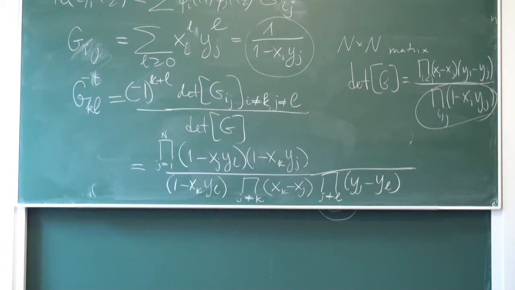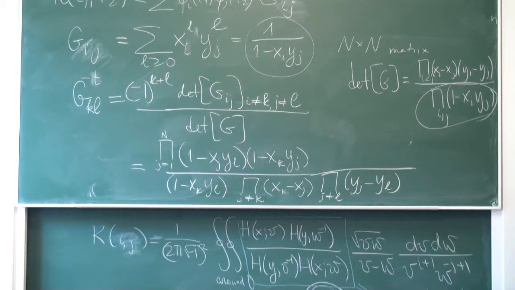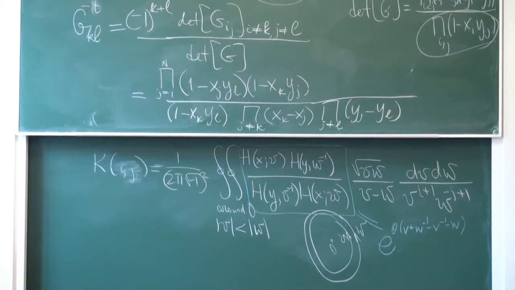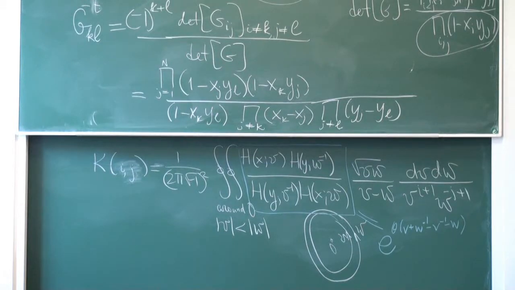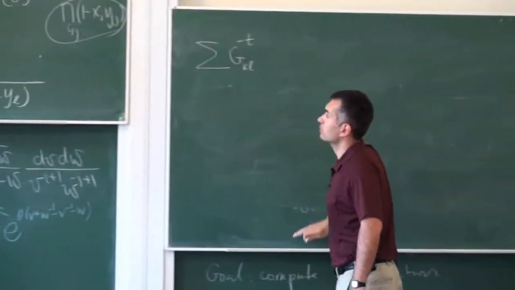All right. So then I have my formula for the kernel, which is not yet in the form that I'd like it to have. So this is the formula I'm aiming for. Then I have the sum of those numbers, G_KL, minus transpose. I'm not going to write them down.